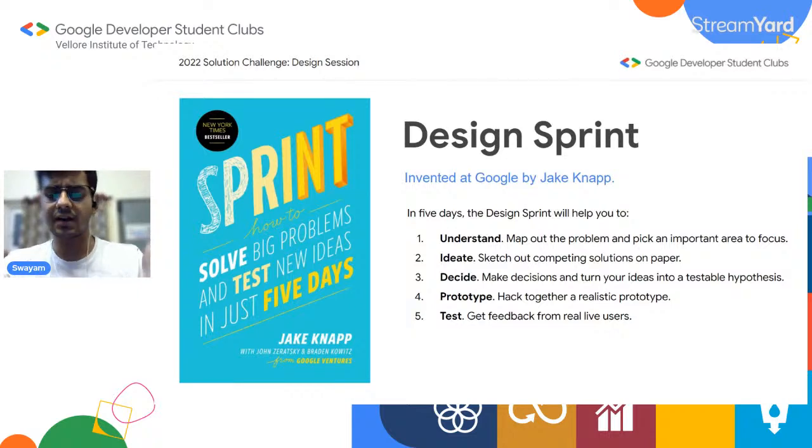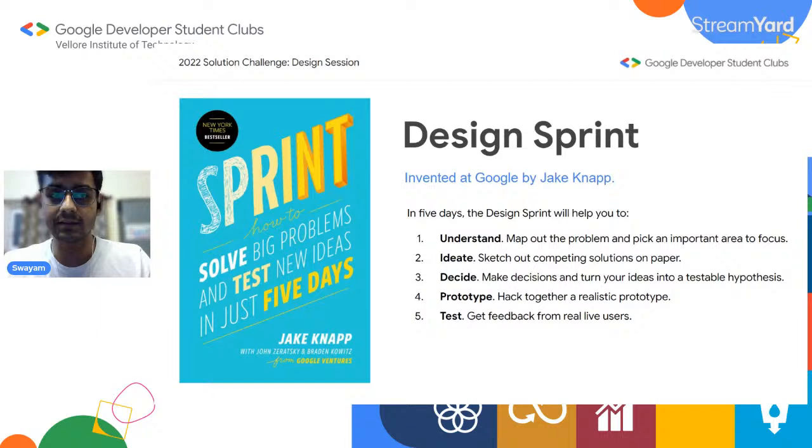It is structured in a 5 day period. So what do you do in the 5 days? You understand, map out the problem and pick an important area to focus. Then you ideate and sketch out the competing solutions on paper. Then you also decide which one of the solutions that we ideated on is the one we will be going forward with. And then you prototype, and then the final procedure is test.